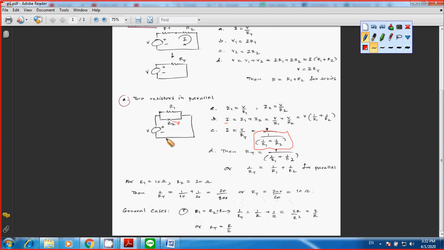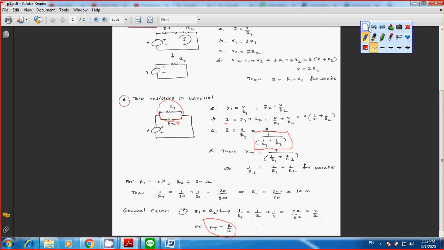For R1 equal to R2, you know that your total resistance is going to be half of the resistance of one resistor. So that's how we have our total to be R over 2.